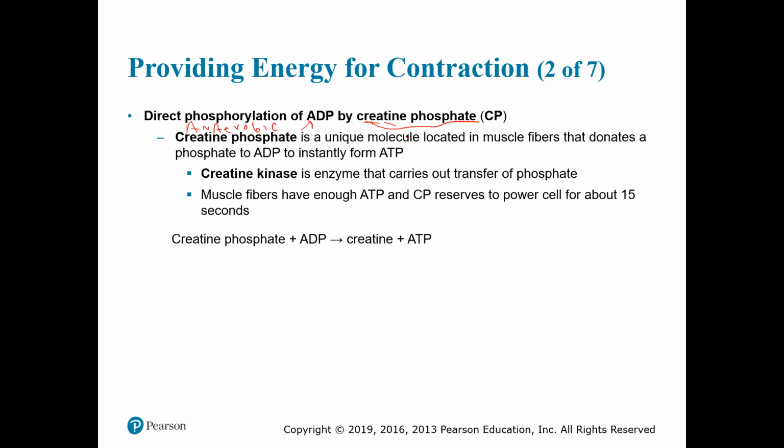It does it quickly though. Your creatine phosphate is always present in your sarcoplasm, always ready to make that little bit of ATP, right? So creatine kinase is the enzyme that transfers the phosphate in creatine phosphate to ADP, adenosine diphosphate, to make ATP.